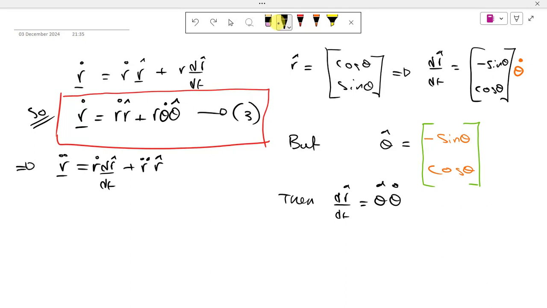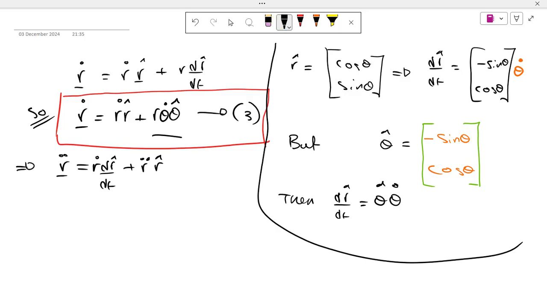And then let's just cordon all of that off. So now we differentiate this using the product rule. So what we get is plus r dot theta dot theta hat.